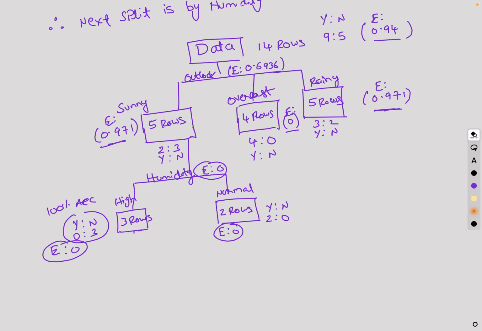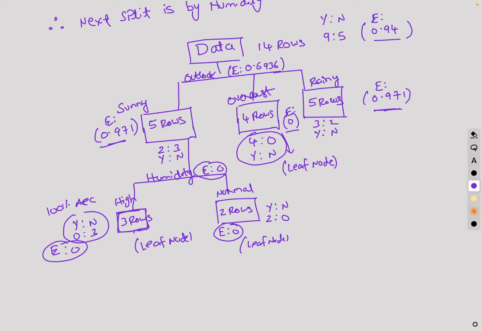So the decision tree will not split this subset any further, and this will be called a leaf node, because this is the last node. It cannot be split any further. This is called a leaf node, and this is also called a leaf node. Similarly, this is also a leaf node, because over here again there is no need to split this data further, because I'm getting 100% accuracy. All the 4 records belong to yes.